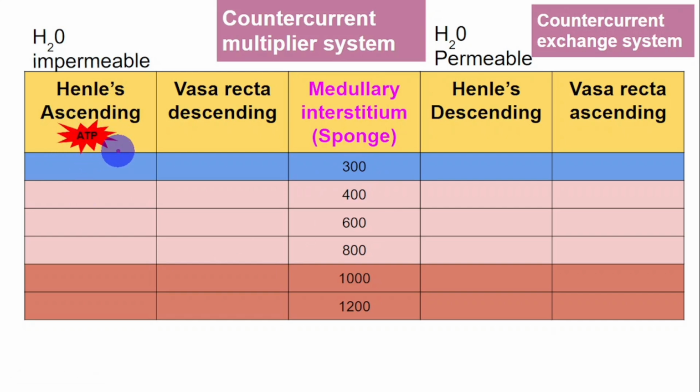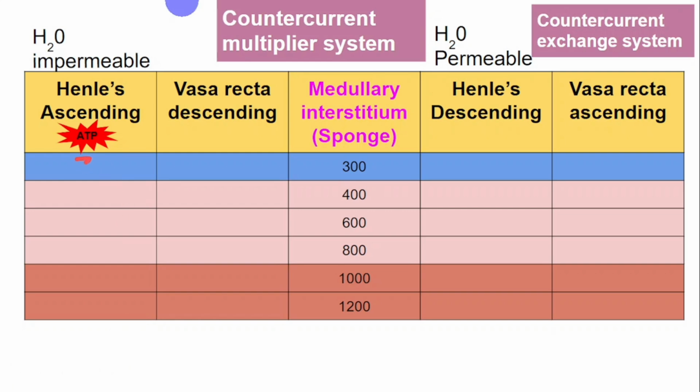Now another important point you should remember is the ascending limb is impermeable to water and the descending limb of Henle is permeable to water. Both these limbs of Vasa recta are freely permeable to water and solutes. So with this background, now we will understand how this concentration gradient is established.